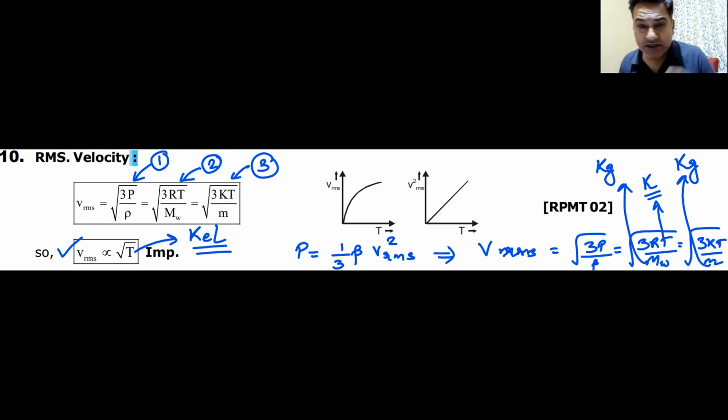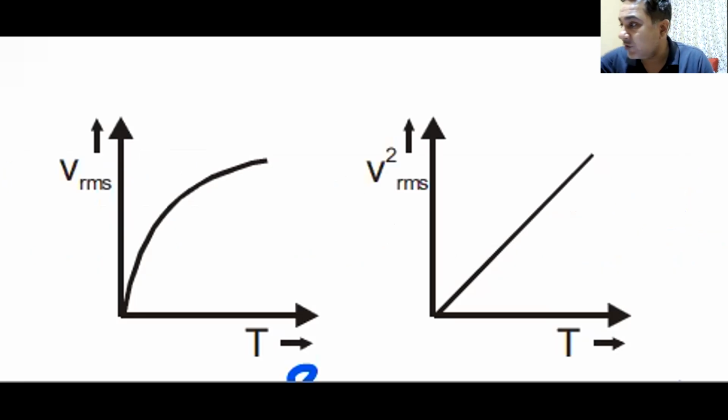What you have to understand here is V_RMS is directly proportional to root over absolute temperature. Then you see two graphs. Have you written all this that I told you? Okay, it's here. You will have to see these two graphs and remember them, because a question will come straight away on these graphs.